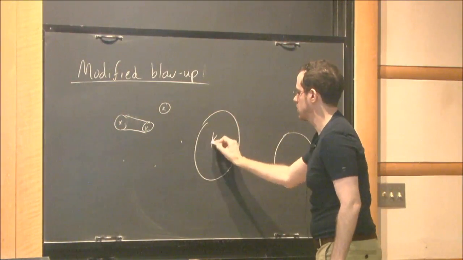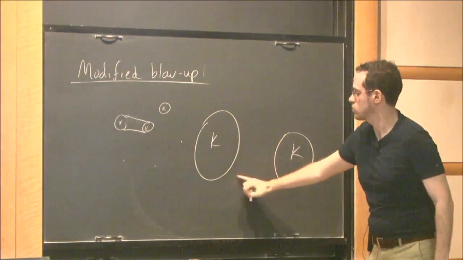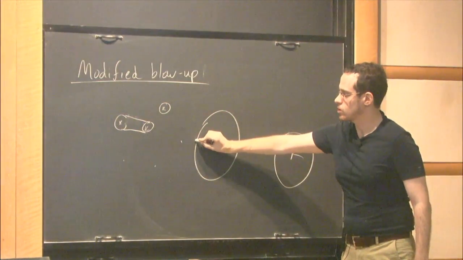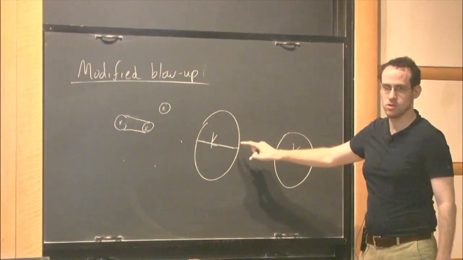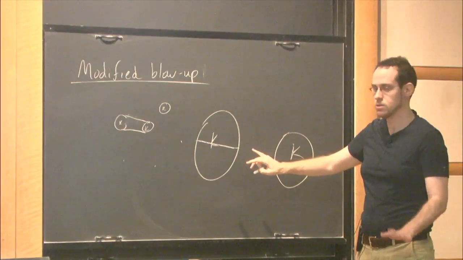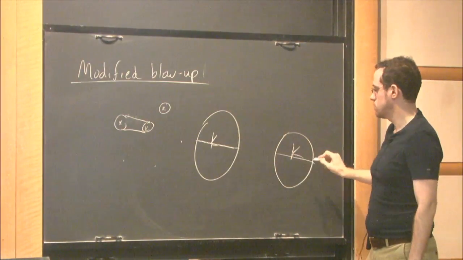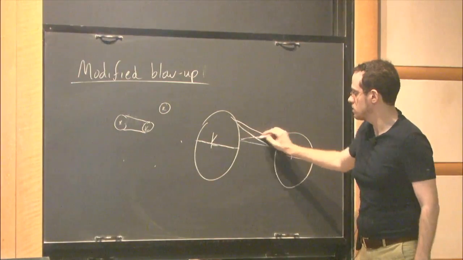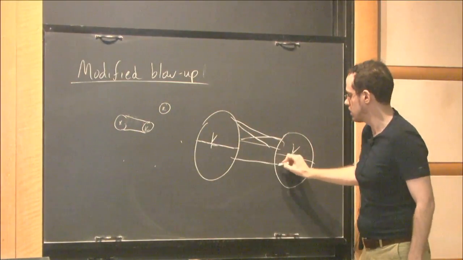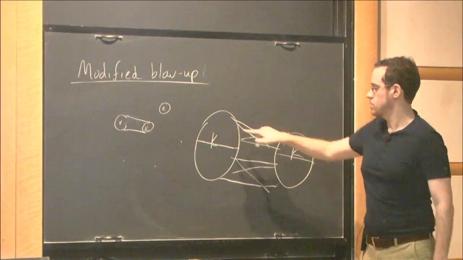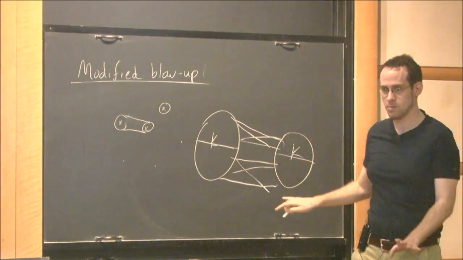Here are the two clusters, each with k vertices, and suppose there was an edge here in the original graph. Now what we're going to do is as follows. We're going to choose a random bipartition of the k vertices. So partition these k vertices into two equal parts, randomly, here and here. And we're going to put a complete bipartite graph between the upper parts and between the lower parts. And so the cross edges are removed.